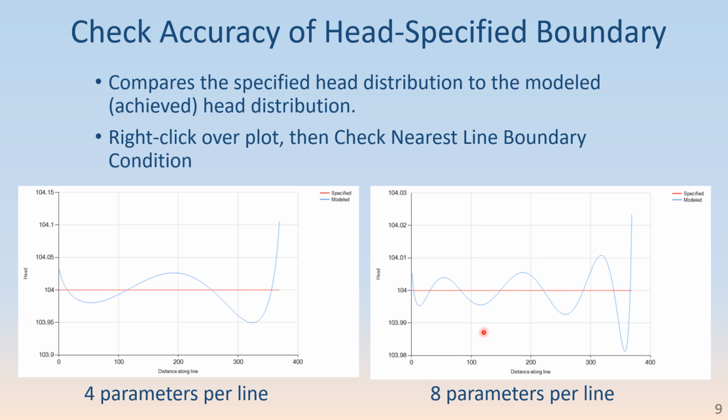You can see from this plot that this one with 8 parameters per line has 8 locations where the specified head is met perfectly. And in between, the deviations are now smaller than they were over here with only 4 parameters per line. But again, both of them are doing a nice job of approximating that condition.